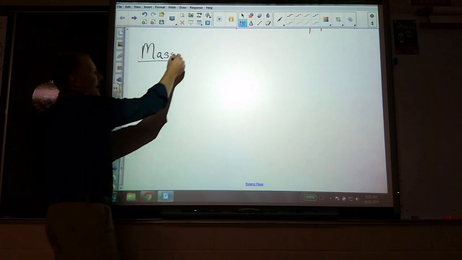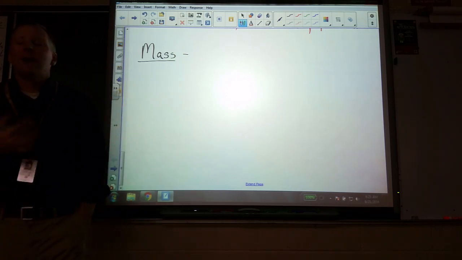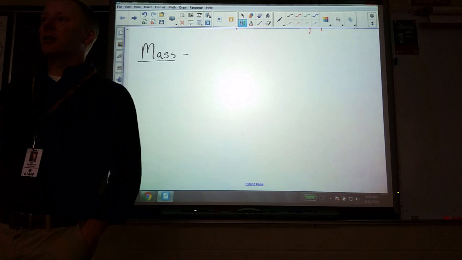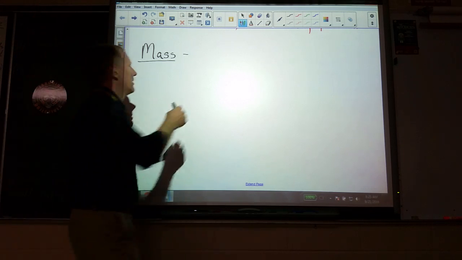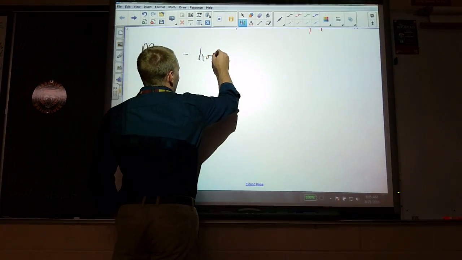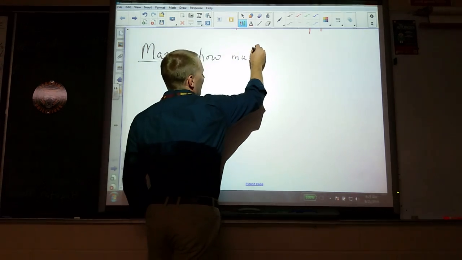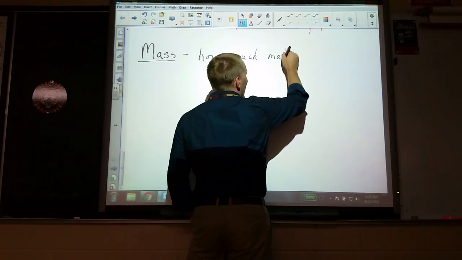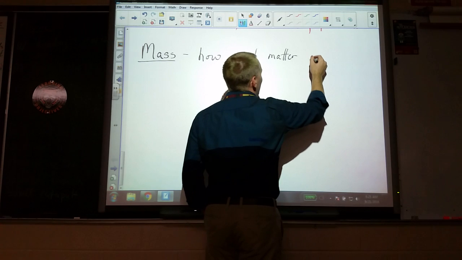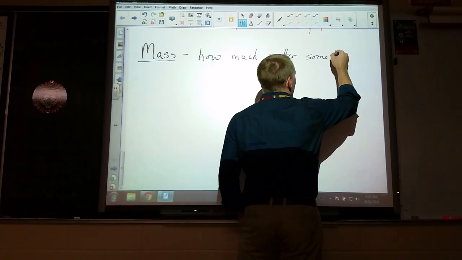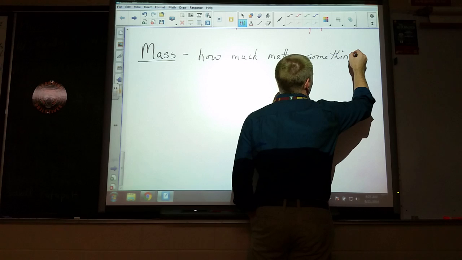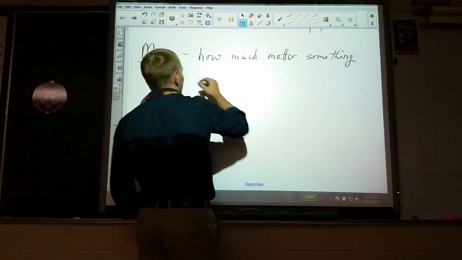Mass describes basically how many atoms or how much matter there is in something. So I'll say how much matter something contains.